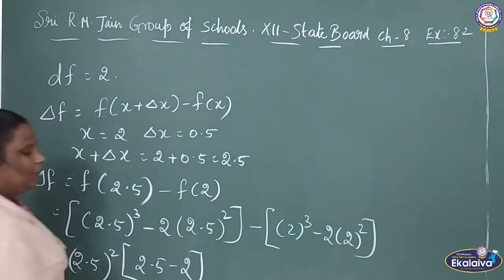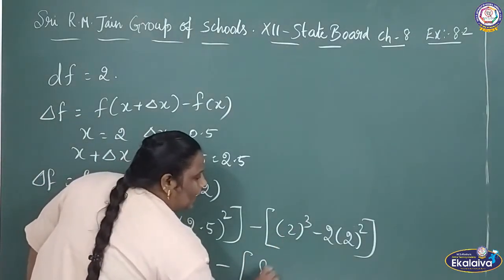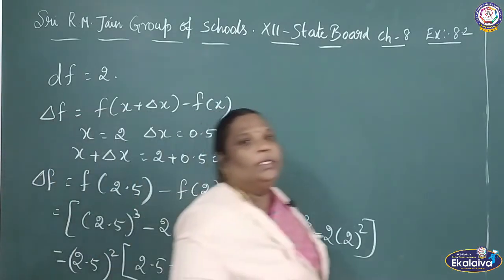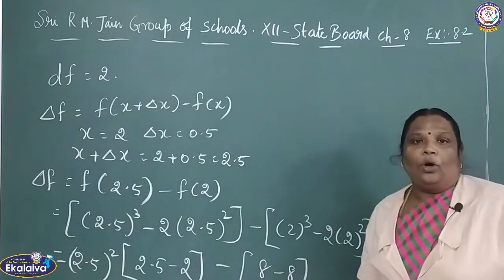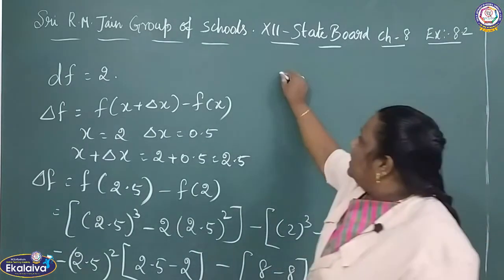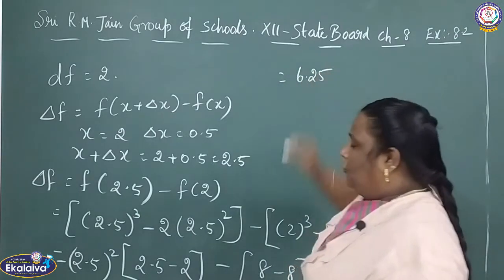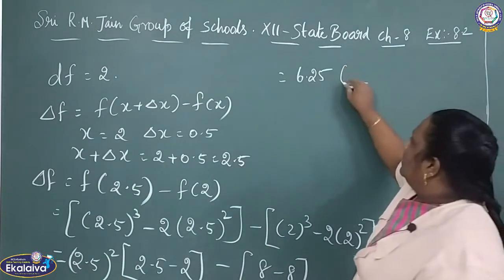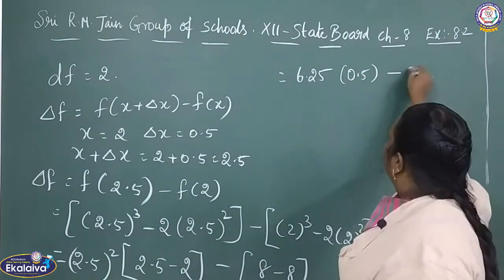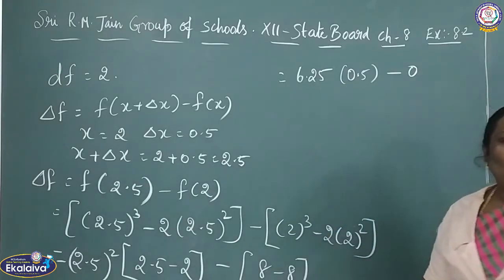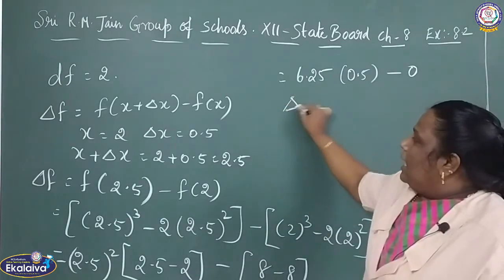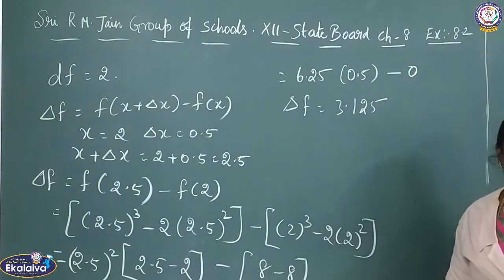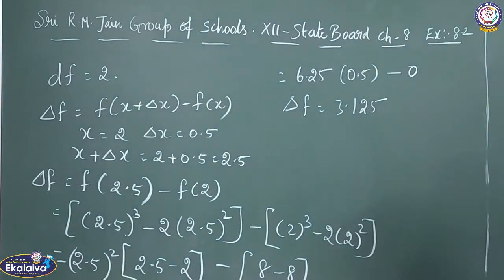And 2 cube is 8, here also 4 twos are 8, and 8 minus 8 is 0. 2.5 square is 6.25, and 2.5 minus 2 is 0.5. Multiplying, delta f equal to 3.125.